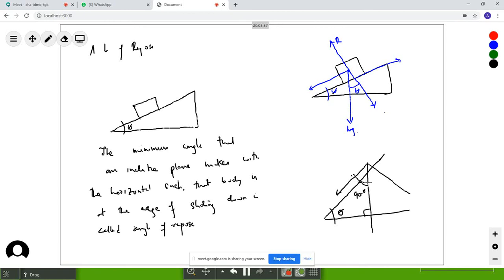That means this complete angle is 90 minus theta, because this and this are parallel. So if this is 90 minus theta, the other side is theta. So I can write this as phi only. Clear?